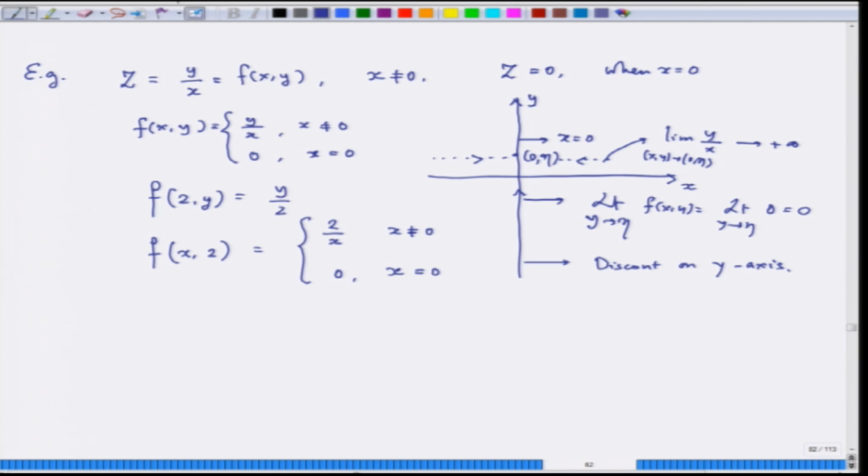So, let us look at any other function like this f of x y. It is much easier to prove the function is not continuous than actually proving continuity.